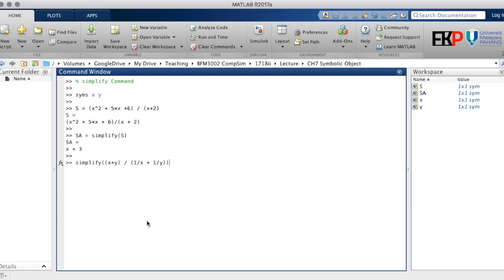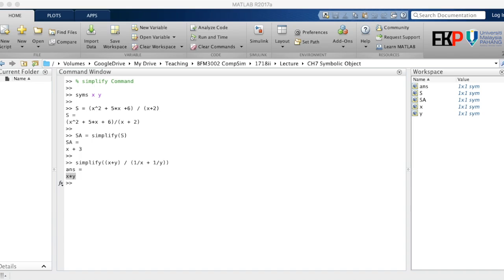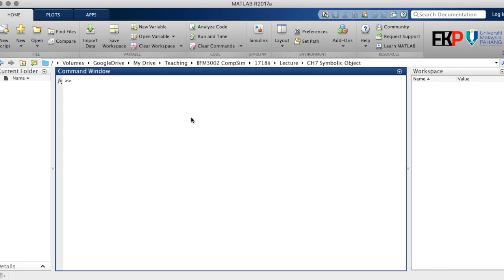Okay, so when we press enter, we get an answer of x times y. So this simplify command simplifies the expression that we have given up here to become a simplified expression of x times y. So that is the simplify command.